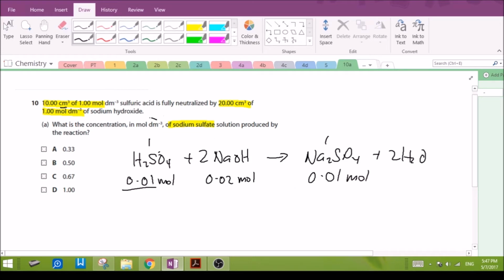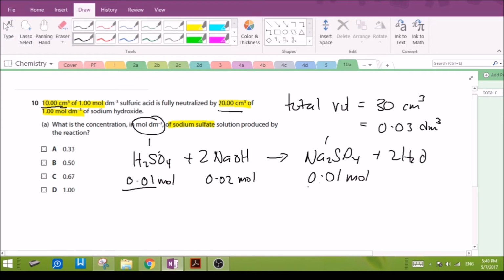We are expected to find the concentration. So the total volume of the solution is found here, right? We have added 10 cubic centimeter to 20 cubic centimeter. So the total volume of the solution is actually 30 cubic centimeter, which is actually 0.03 cubic decimeter.